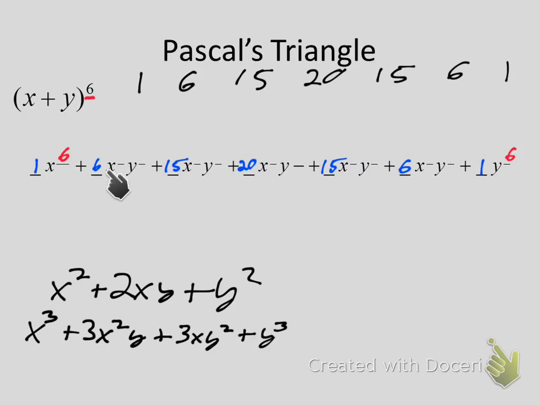So this x might be x to the 5th. This next x might be x to the 4th, x to the 3rd, x to the 2nd, x to the 1st, and then, no, this is a y. This one would have an x to the 0, which is 1. And 1 times this is 1, so we don't write it.